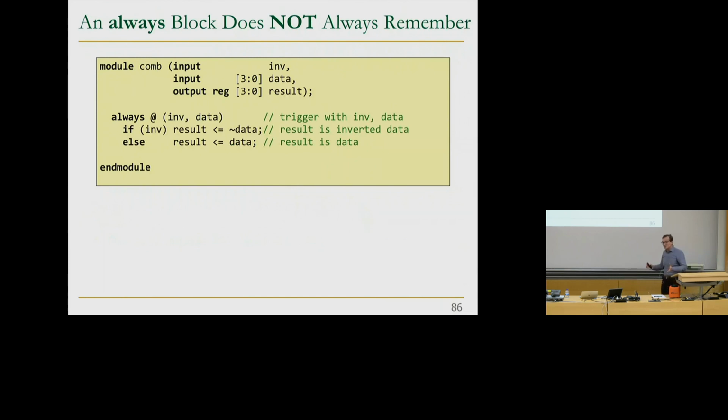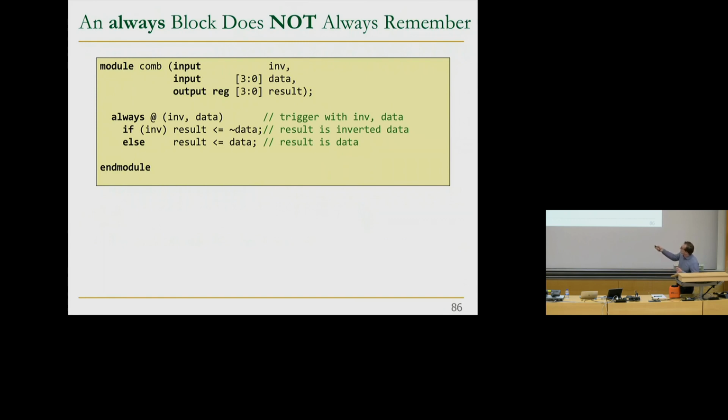Okay, but it's interesting that always blocks are not always latches or flip-flops. Sometimes they're completely combinational. It's a bit sad, but sometimes you write very complicated combinational circuits using this sort of construct. So let's take a look at it. If you look at this circuit, the always block gets executed whenever invalid or data changes.